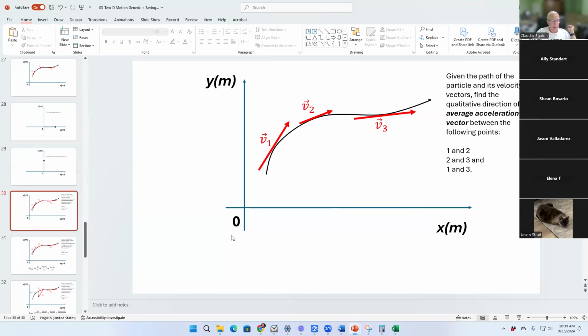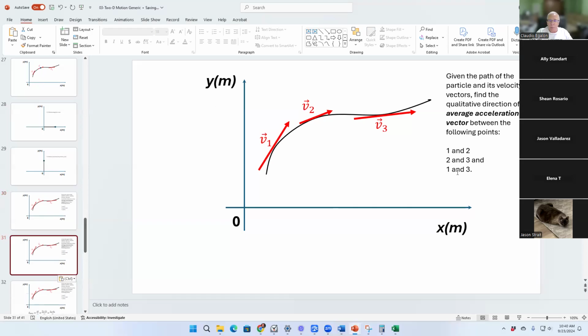Make a drawing in your notebook, and then I'll walk you through. What you want to do is first find the qualitative direction of the average acceleration vector between points 1 and 2, then between points 2 and 3, and then between points 1 and 3. I'm going to help you out.